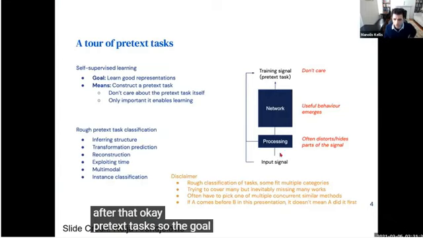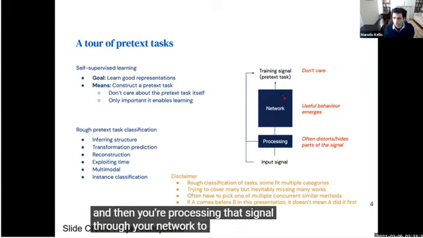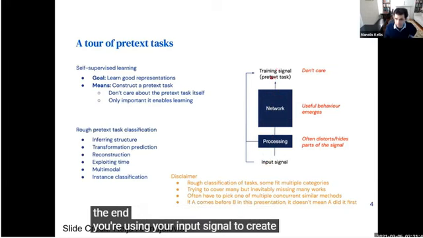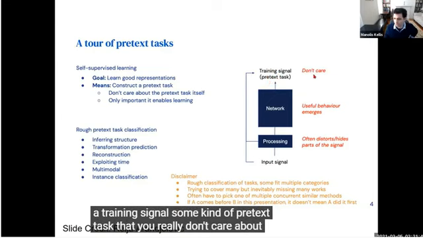So the goal is you have some input signal, and you're processing that signal through your network to effectively learn representations. In the end, you're using your input signal to create a training signal, some kind of pretext task that you really don't care about.